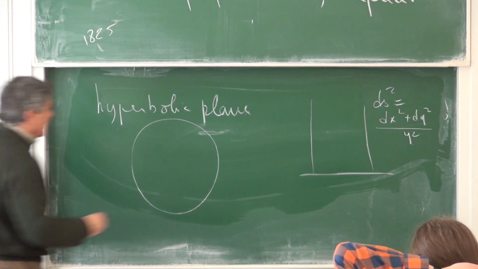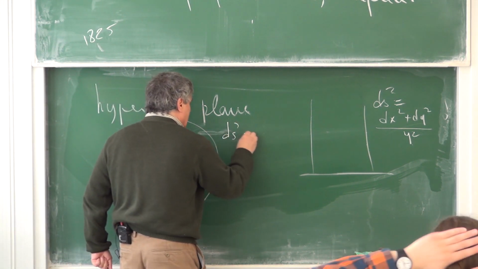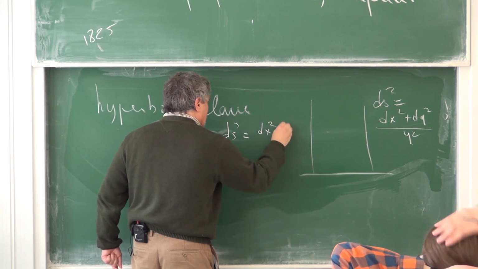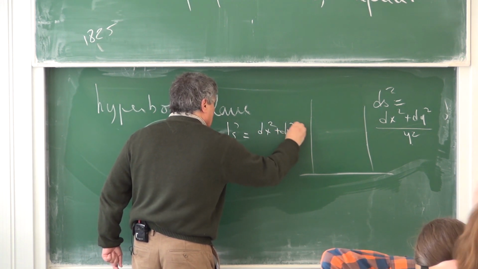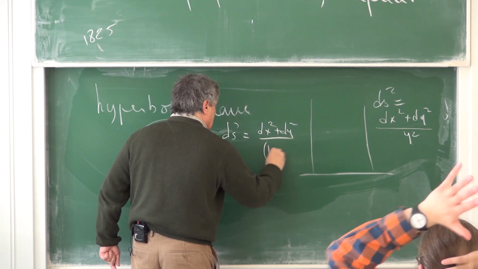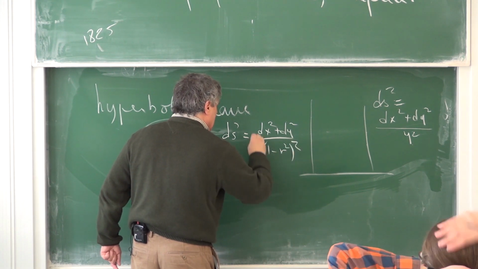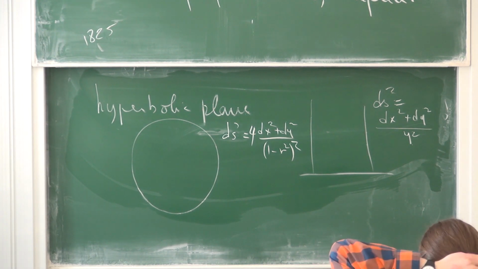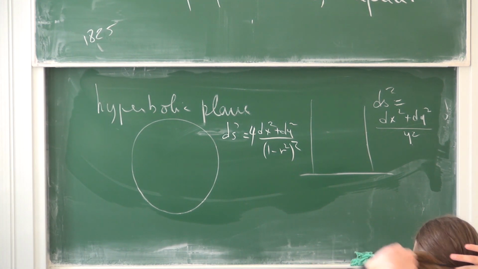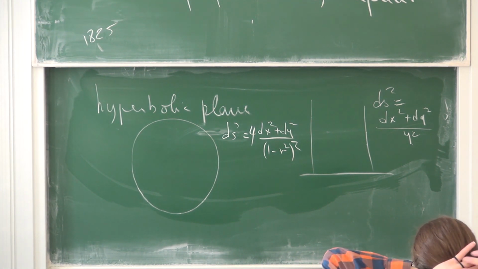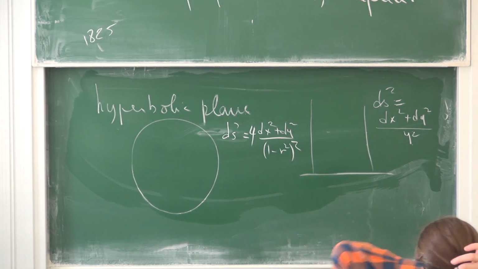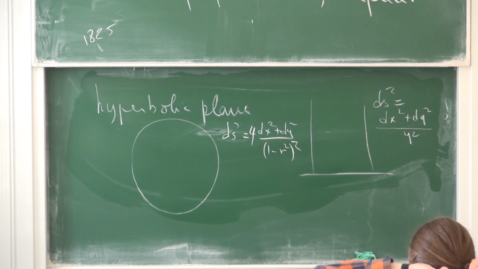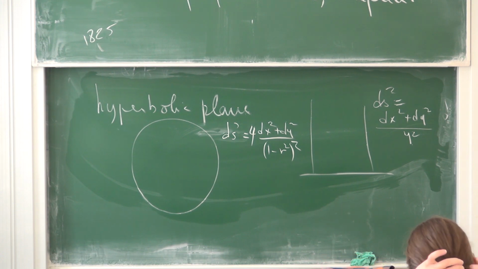Here also you have ds squared plus dy squared divided by the distance to the boundary squared, or maybe with a factor 4, so that it is of constant curvature -1.